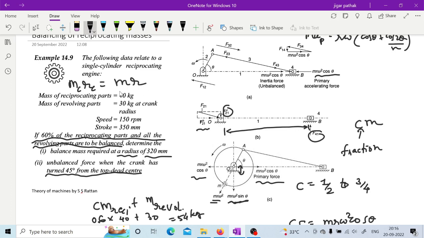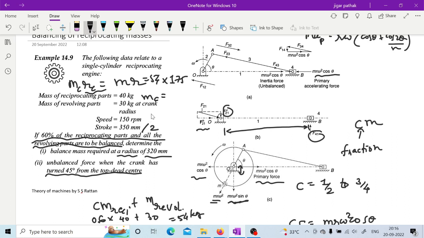This 54 kg will be your m, and the crank radius will be half the stroke length, that is 175 mm. Now what is provided is a radius of 320 mm for the balancing mass. So you have everything except the balancing mass required. Are you getting it?